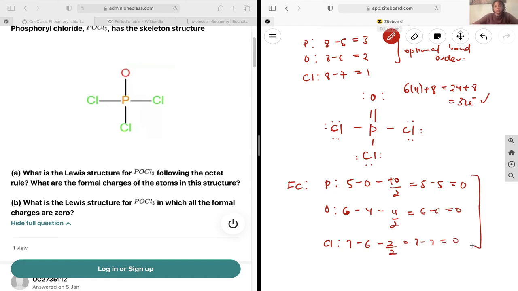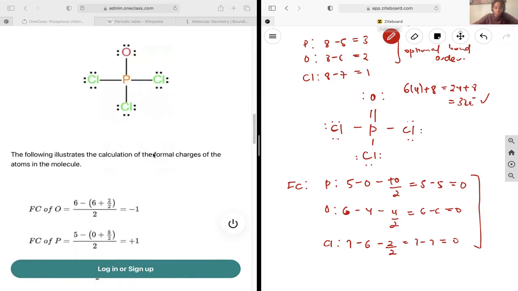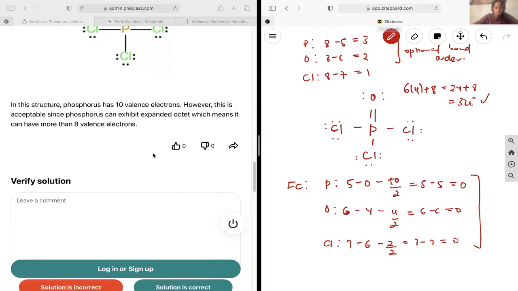So all of this makes sense. We have formal charges of 0, and this is the structure that would allow for it. So in this state, the phosphorus is exhibiting an expanded octet, which means more than 8 electrons.